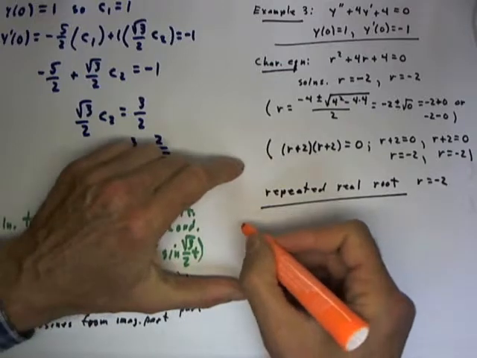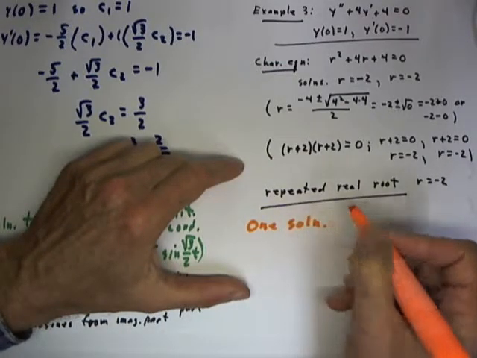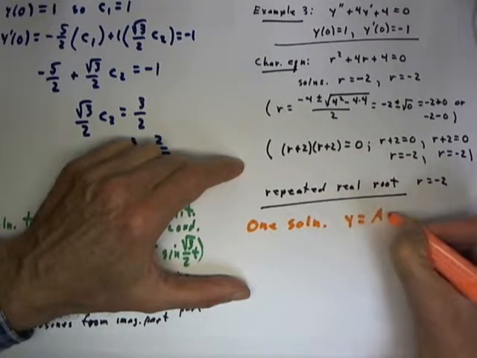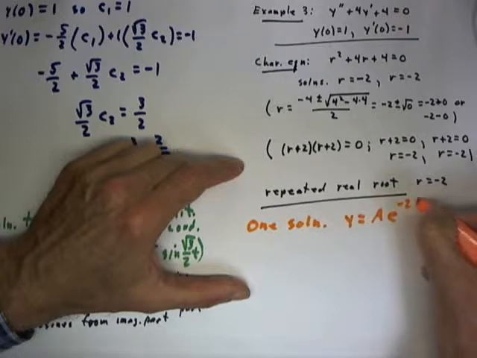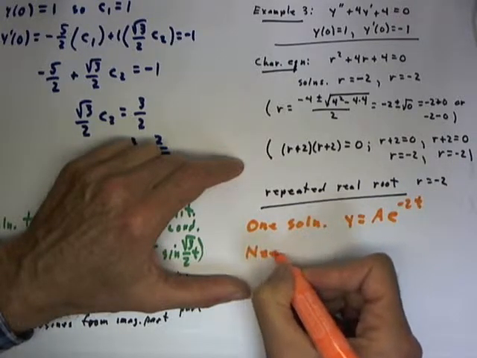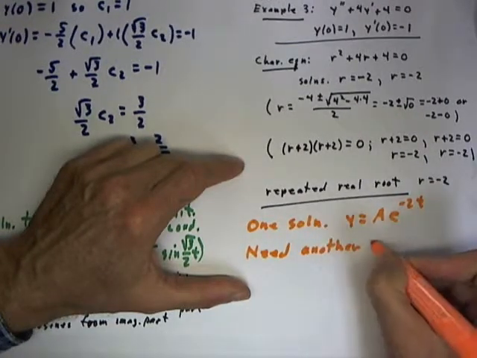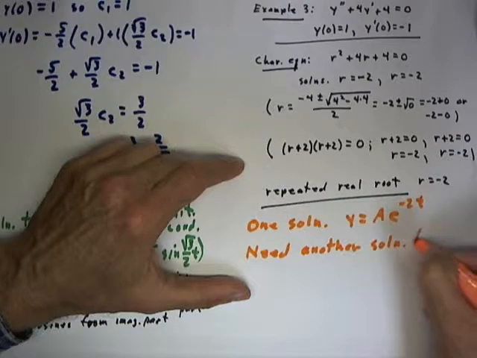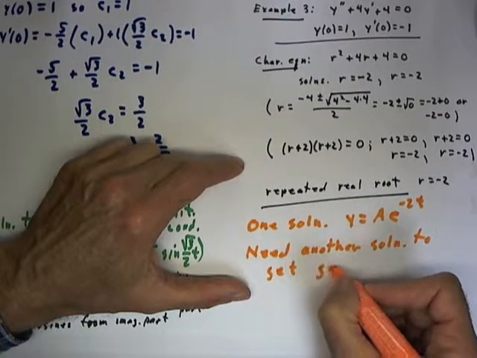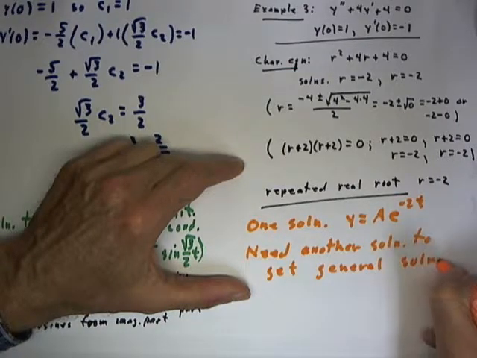One solution to the equation then is clearly y equals a e to the -2t. We need another solution to get the general solution.